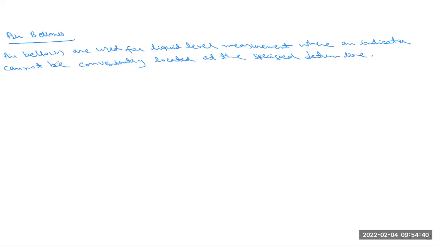So this is where you use the air bellows method for level measurement. It is basically used for liquid level measurement where an indicator cannot be conveniently located at the specified datum line. In this case, we have to use the air bellows method.